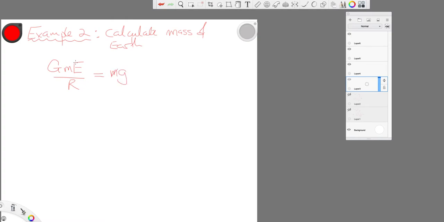So it doesn't matter what the object is, the masses will cancel both sides. So now, sorry, I missed a square there, didn't I? So now we have M_E, the mass of the Earth, is g r squared over big G.